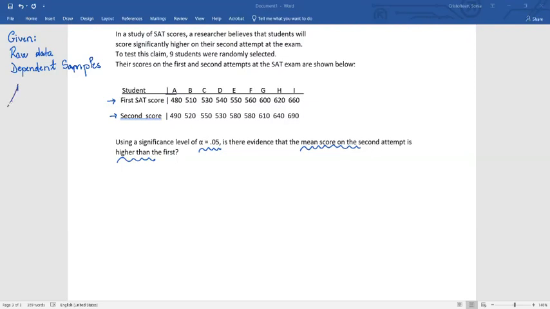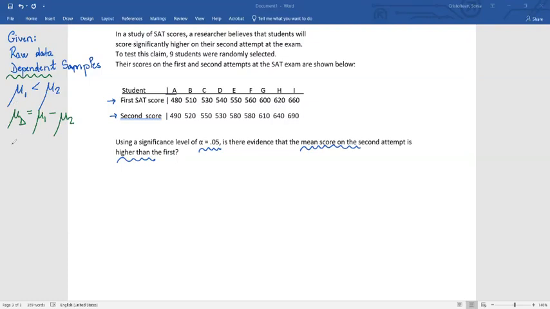So I would just say mu first attempt is less than mu second attempt. And I will define mu d, because I know I'm dealing with dependent samples, right, as mu1 minus mu2. This is what I will do the test on, the mu d, the differences in those scores.